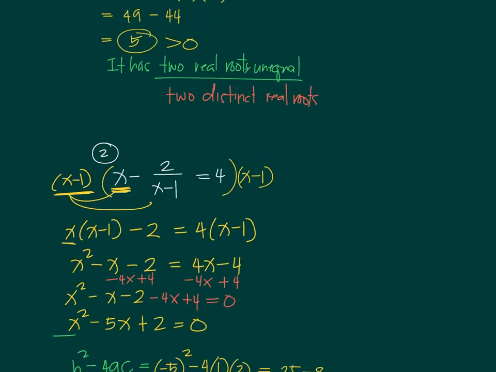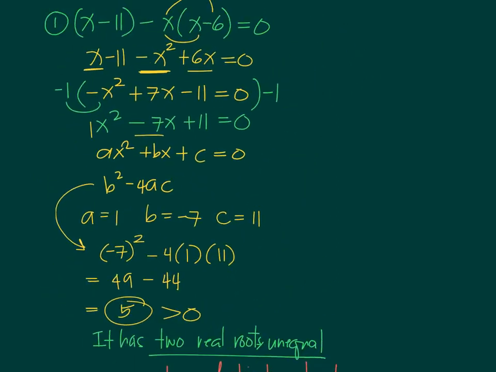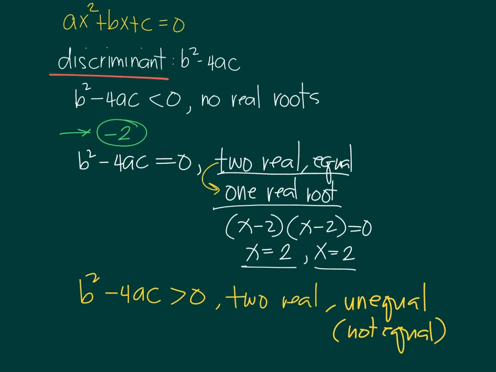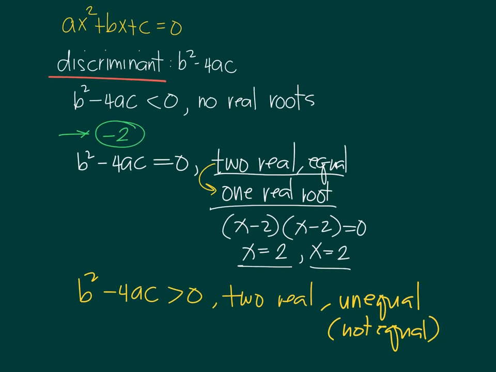Okay, so again, do not forget that there are three possible conclusions that you can have. When the b squared minus 4ac is less than 0, we say there are no real roots. There could be roots, but they're just not real numbers.